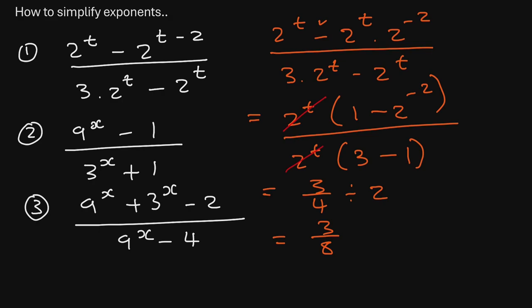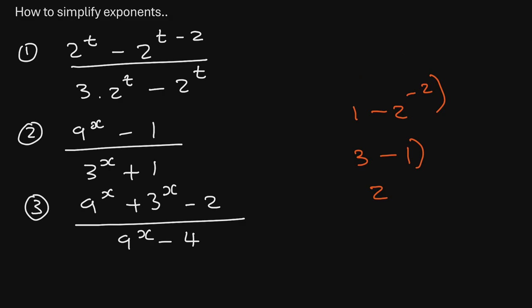So now let us move on and look at the second problem. On the second problem, what we have is 9 to the power of x minus 1, over 3 to the power of x plus 1. If you look at the top here, we can write 9 as a base of a prime number. Remember, that's the first step that we do when we have exponents.